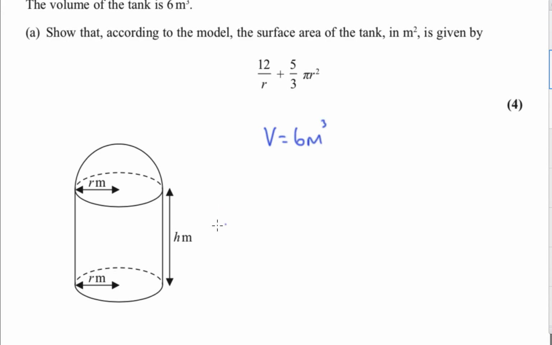We also know the volume can be found by doing the volume of the cylinder, which is pi r squared h, plus a half of the volume of a sphere. So a half of 4/3 pi r cubed is 2/3 pi r cubed. So we know that that's equal to 6.